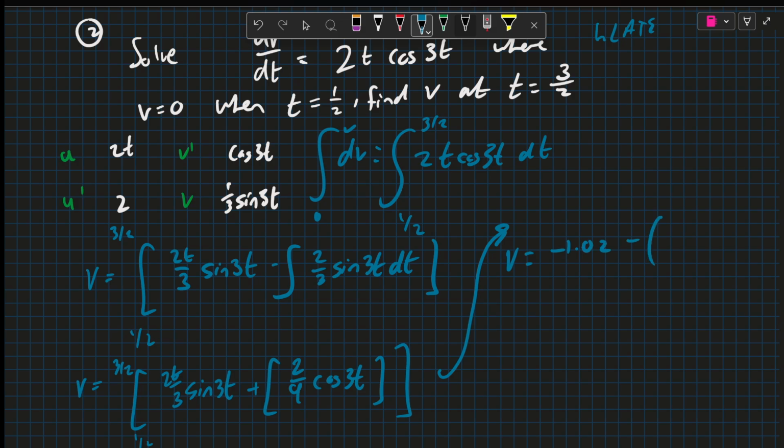And then we'll take away whatever the one for 1 half is. So 2 over 3 sine of 3 over 2 plus 2 over 9 cosine of 3 over 2. We get minus 0.35. And so when you work that out, you get v is minus 1.37.